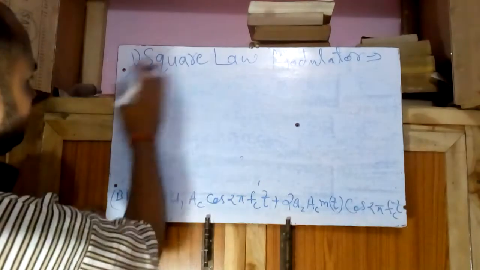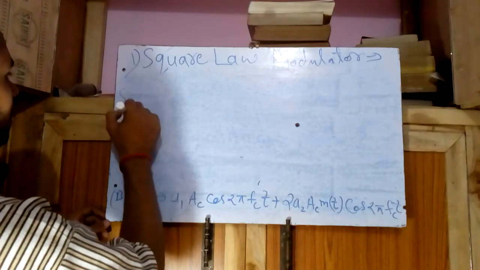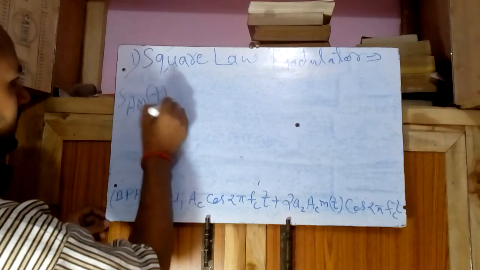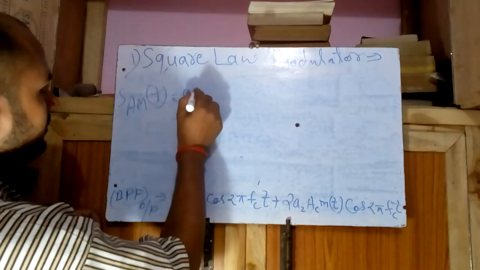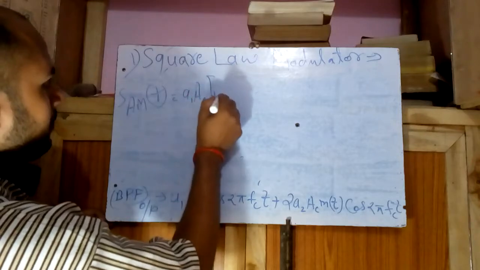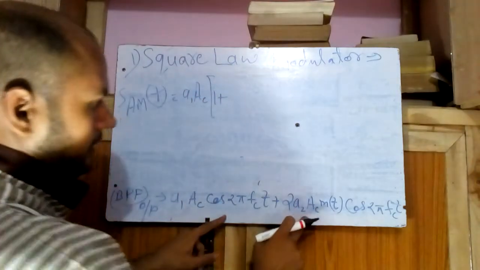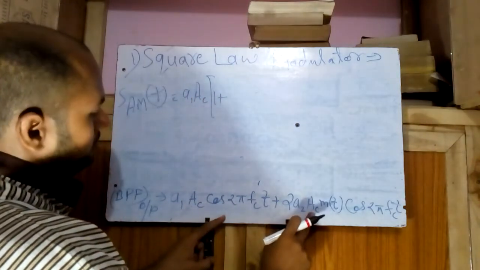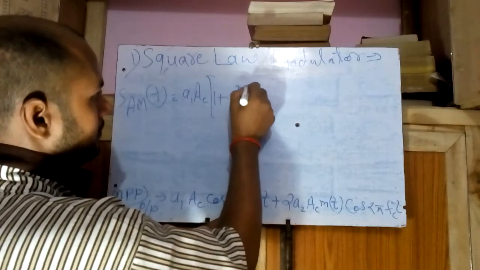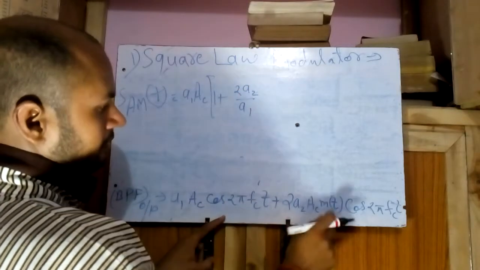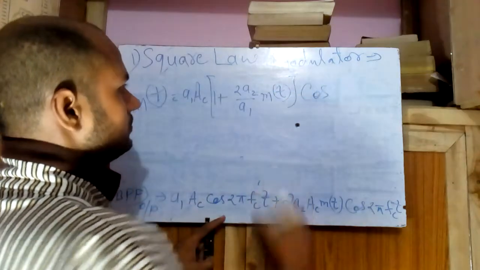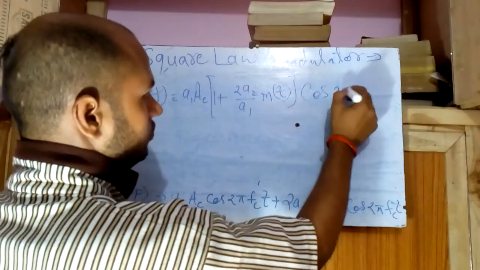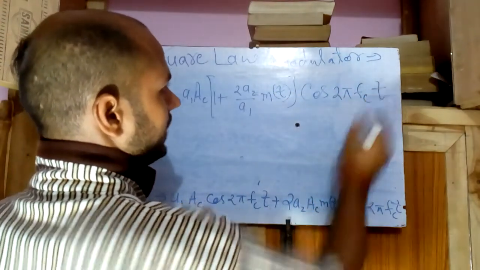So solve it. If I will tell that it is SAMT, then take a common A1 AC, 1 plus AC AC will cancel, and 2A2 by A1 MT into cos 2 pi FCT.